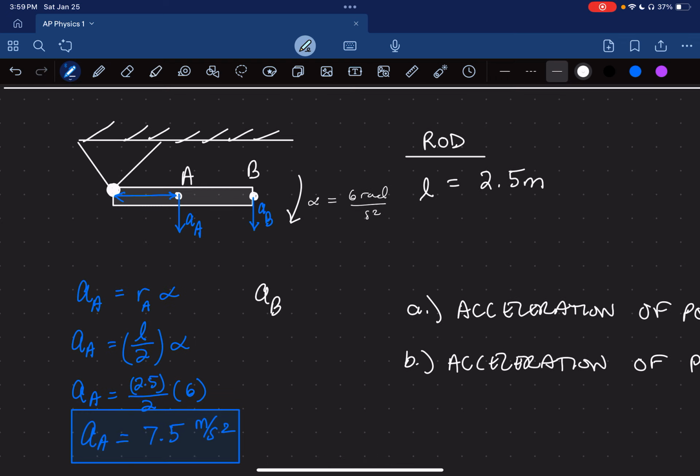Let's do the tangential acceleration of point B, which will be the distance to B times alpha.